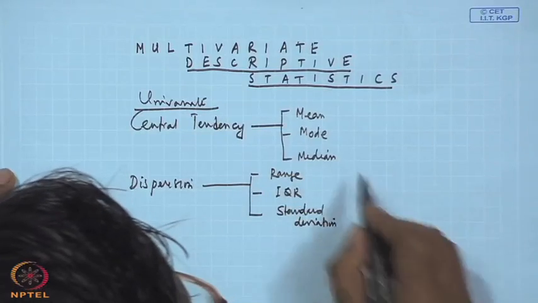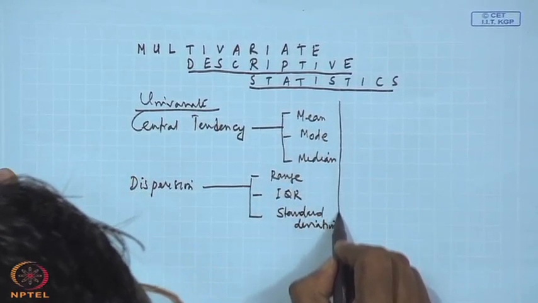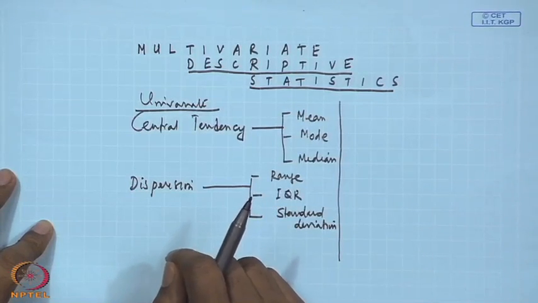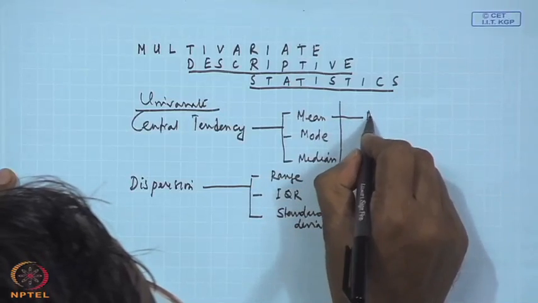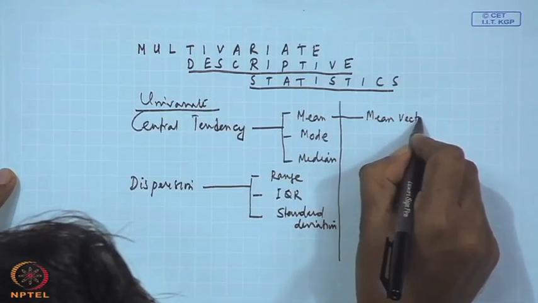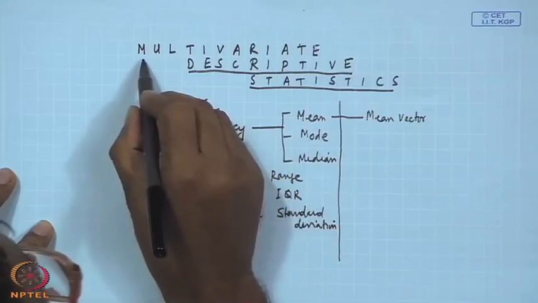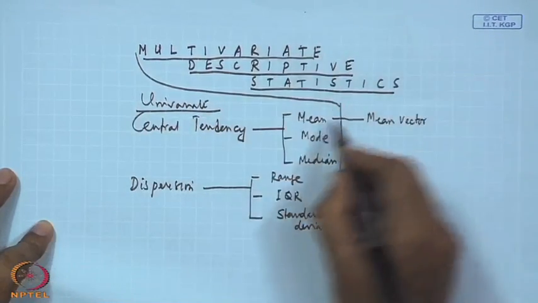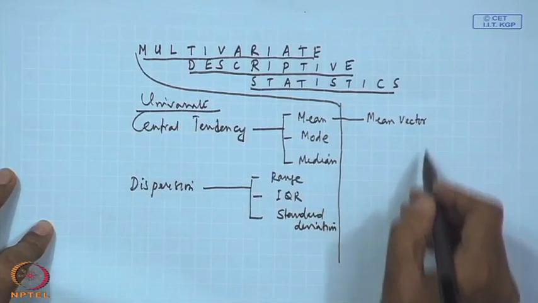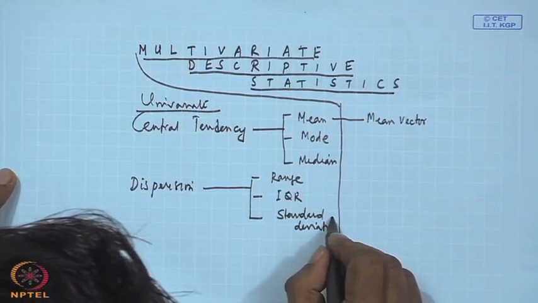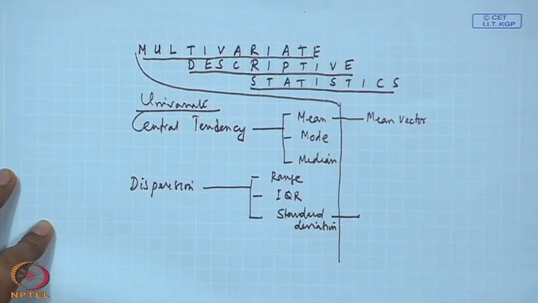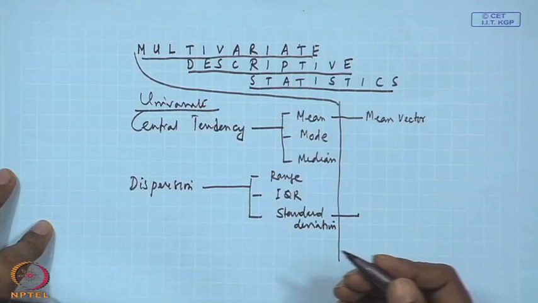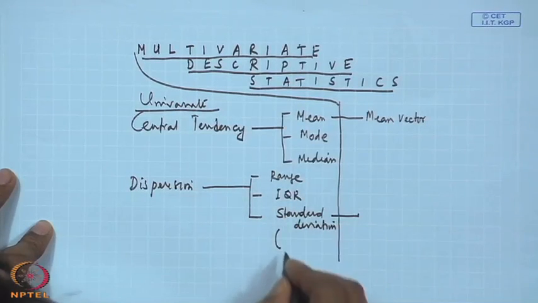Now, we will see some of the counterparts in the multivariate domain. For example, mean will be mean vector. When you go for this multivariate statistics side, you will find out that mean will be mean vector, and the standard deviation, another component which is the measure of dispersion, that will be not standard deviation, its square, that is the variance.